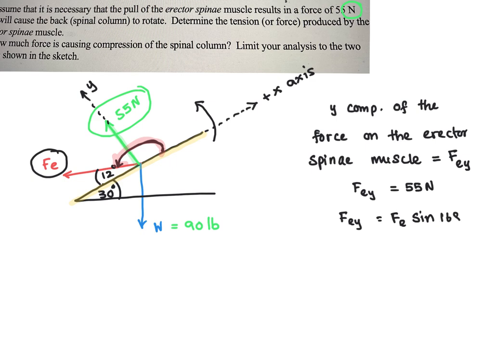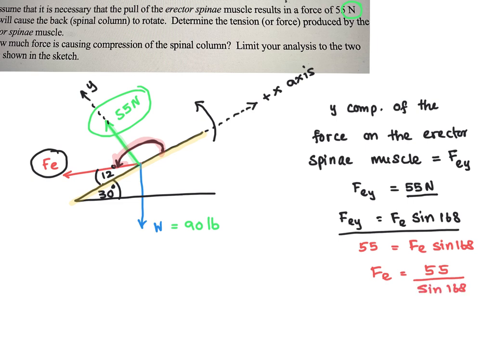So there you have Fe sine 168, and this equals 55 Newton. So I am going to substitute for 55 here, and as a result you can find Fe equals 55 over sine 168.